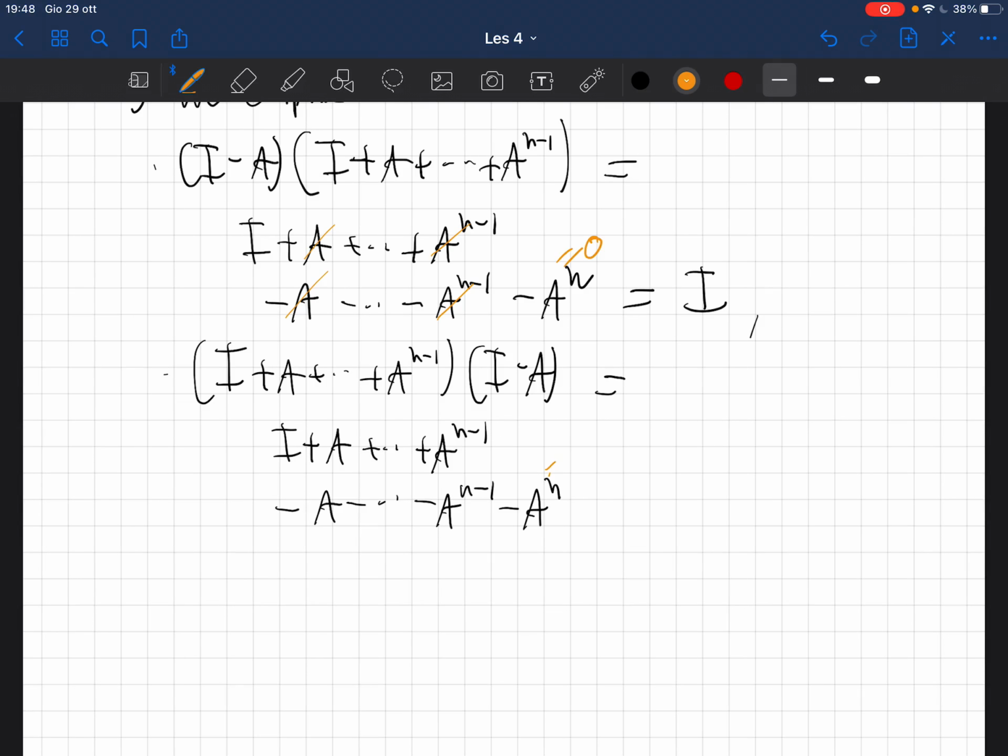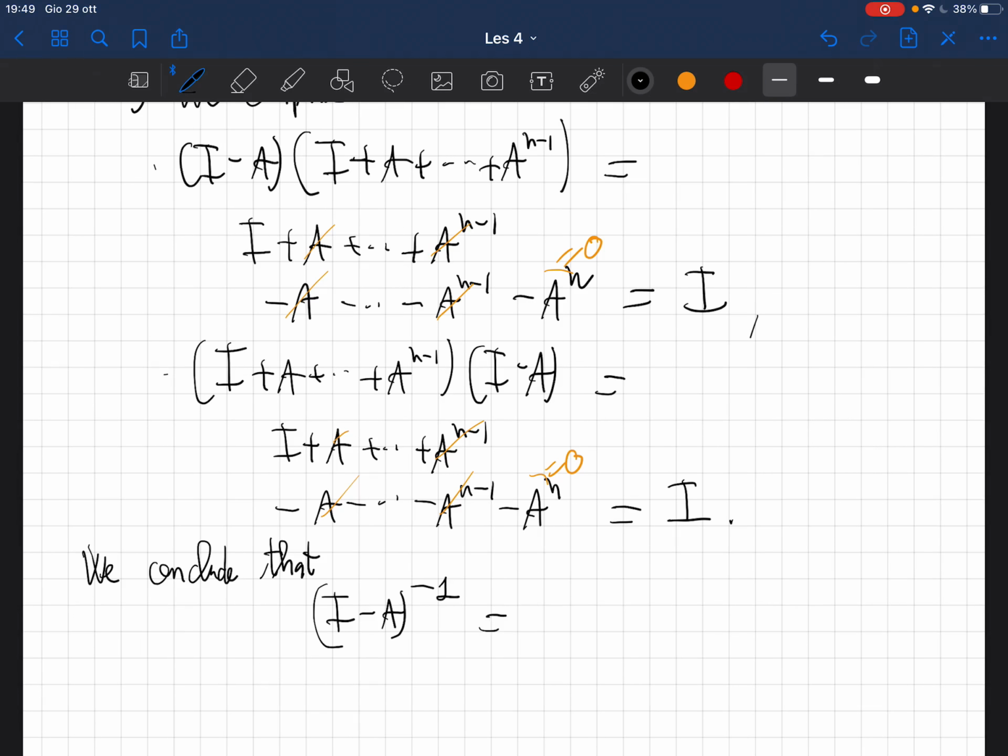This is very clear, identity. We conclude that I minus A inverse is indeed given by this thing.